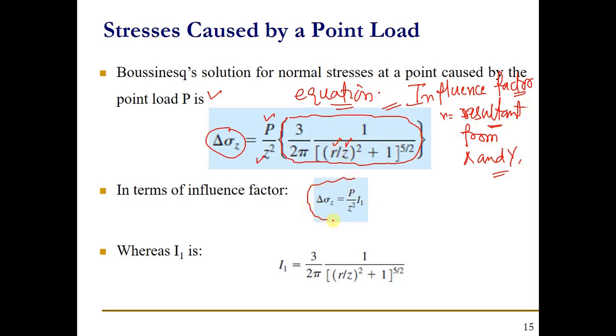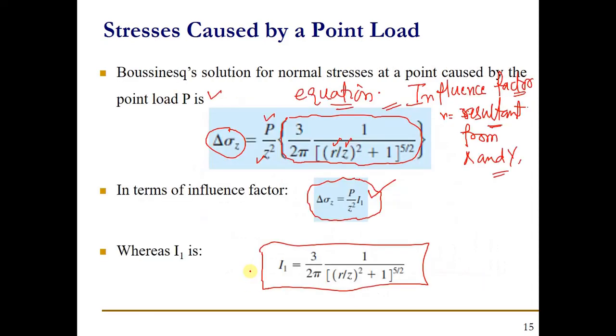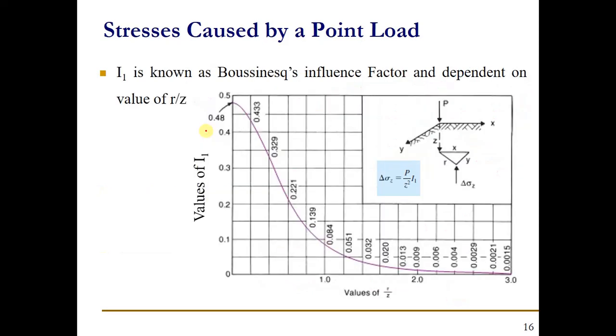A shortened equation can be written like this, and here this is the influence factor. If we are using the equation, you can find out the resultant r. You already know the depth z, and you already have the information about the load P, and if you plug those values in this equation, you can easily find out the stress increase.